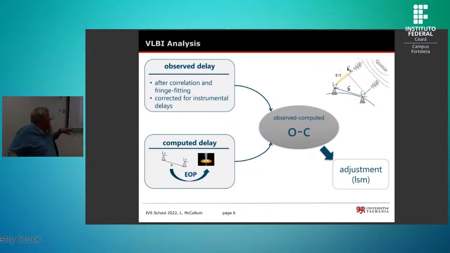And in VLBI analysis, we talked about this. What we have is this observed delay, and then the delay corrected for instrumental delays, and then we have the observed minus the calculated, and then we do some sort of adjustment. So that's the big picture.